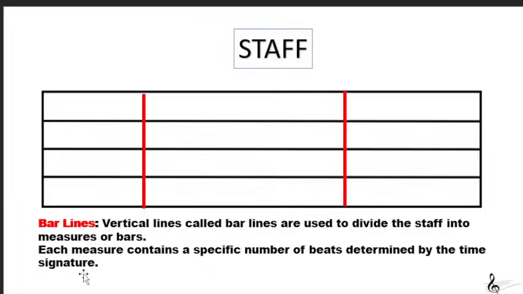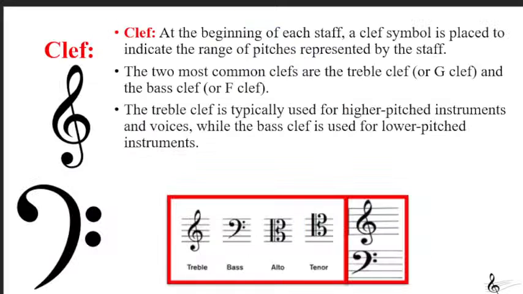So you see the vertical lines, called bar lines, are used to divide the staff into measures or bars. Each measure contains a specific number of beats determined by the time signature. We have the clef. Here we have types of clef.